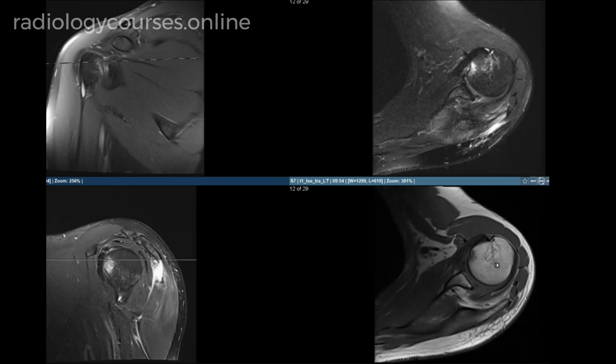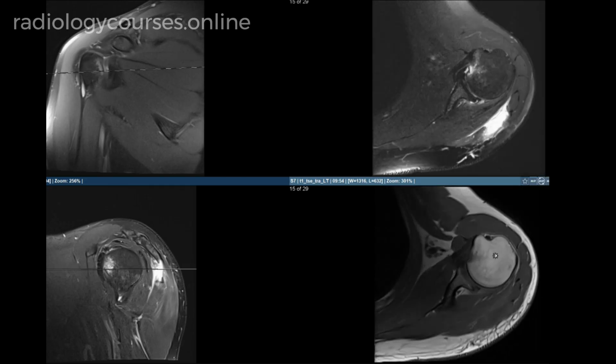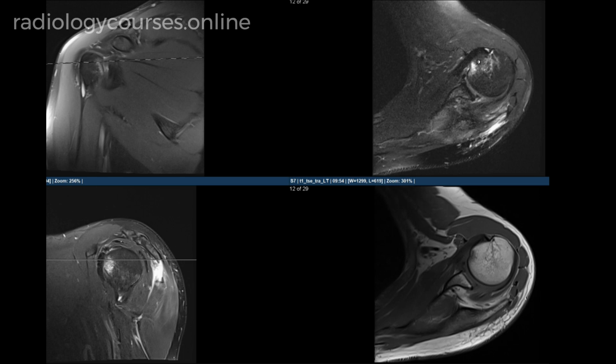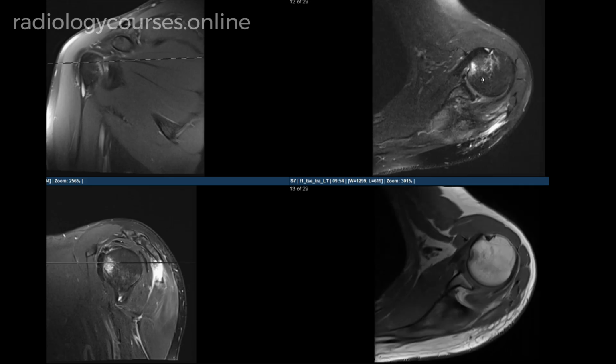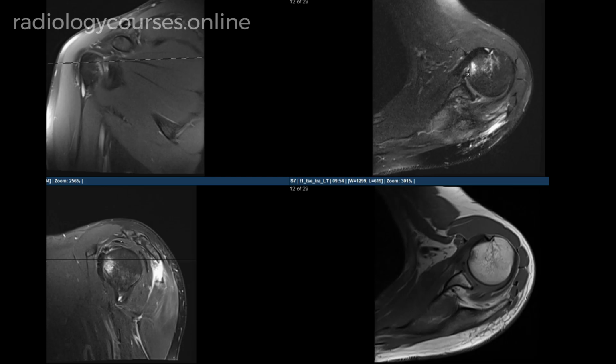And also, we have got this shattered appearance within the bone, as if the glass is shattered but not completely broken. Very typical pattern of microfracture. And if you look carefully, there is alteration of the morphology of the anteromedial aspect of the humeral head at the site of the bone contusion.